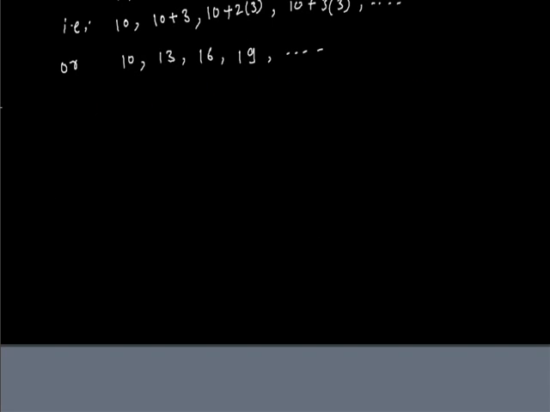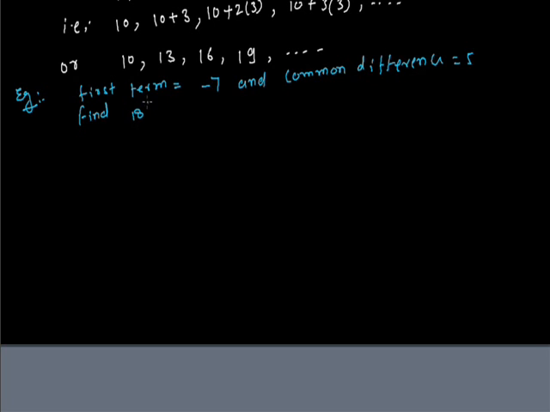Now let us take another example: if the first term is minus 7 and the common difference is 5, then find the 18th term of the AP.